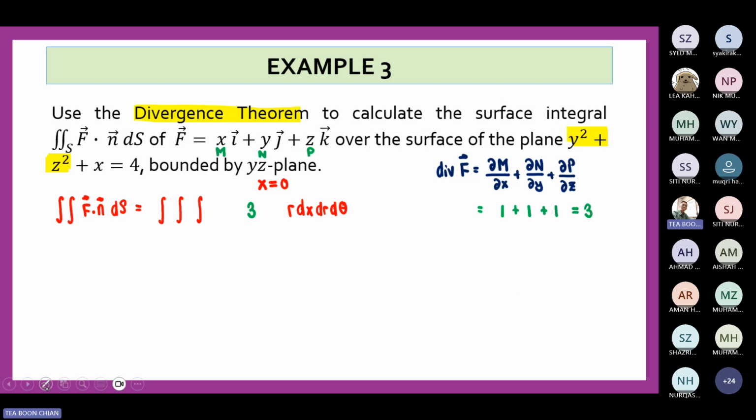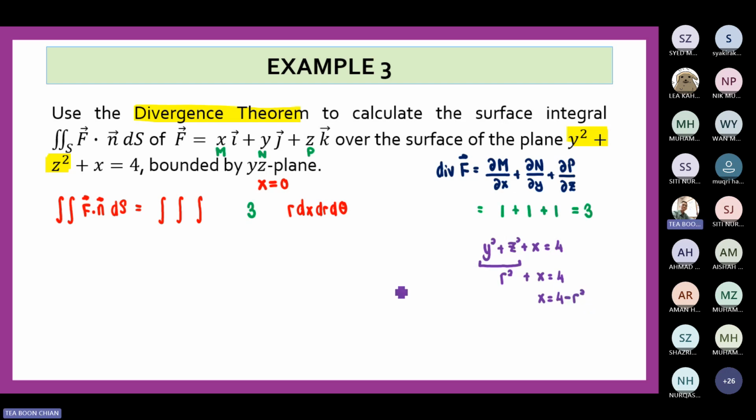If we simply rearrange this equation, y squared plus z squared plus x equals 4, you should recall under cylindrical coordinate system, whenever you have a circle equation, any pair of squared variables added up can be represented immediately by radius squared. So r squared plus x equals 4. Therefore, the upper limit is simply x equals 4 minus r squared.